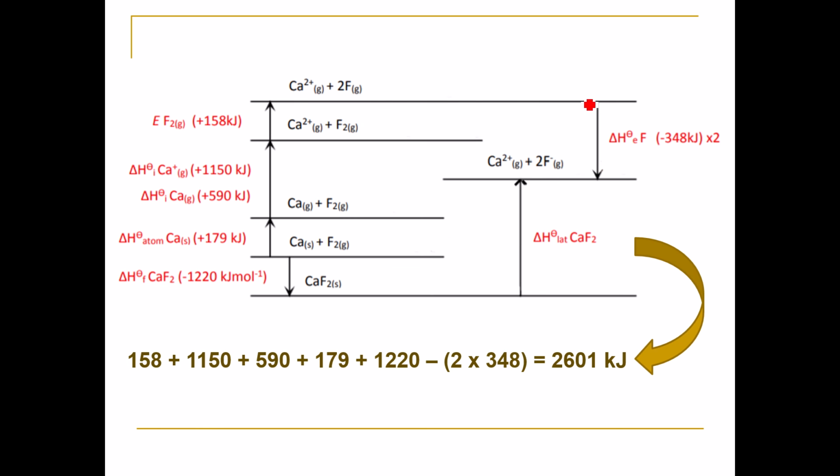Then we're going to add the 2 electrons back, so electron affinity times 2 to get our ions. And then our last step over here, our heat of formation value, is needed to calculate the lattice energy. So adding up everything on the left side column and subtracting 2 times the 348 gives us the 2601 kilojoules for our lattice energy.